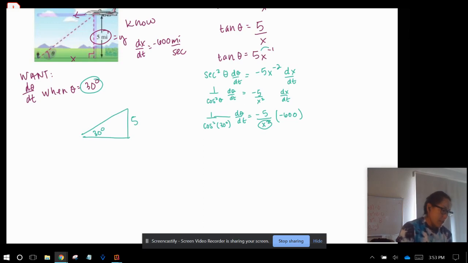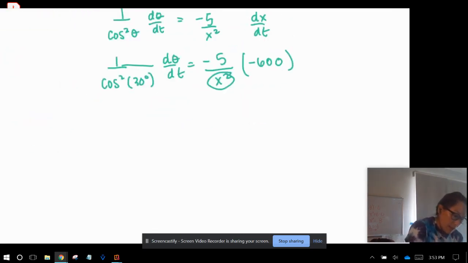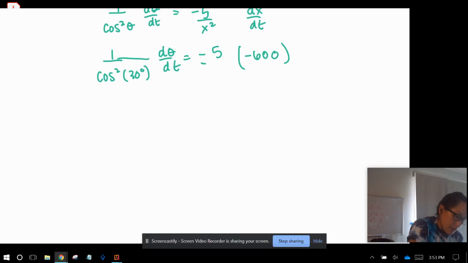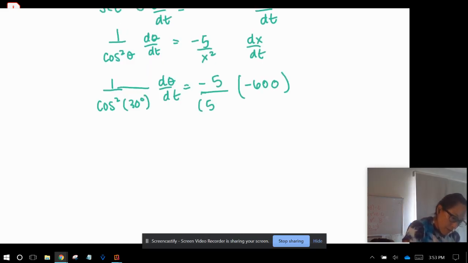My 30 degrees is my angle. So the hypotenuse, since this is a 30, 60, 90 triangle, 10 is going to be the length of my hypotenuse, and 5 root 3 will be the length of the horizontal line. Okay, so I can substitute in 5 square root 3 squared for x. And now it's just a bunch of solving.